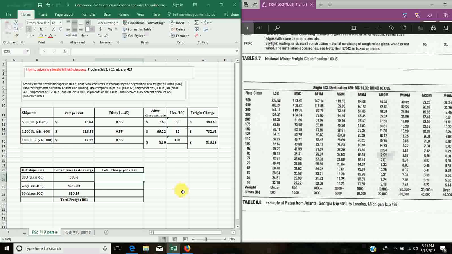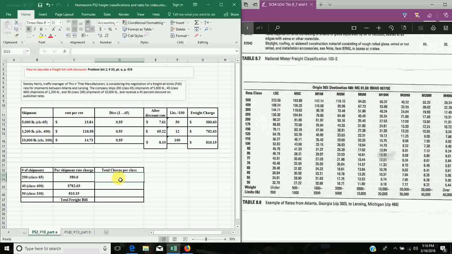But obviously that's not the total charges. We have to extend this out by the number of shipments, because we have 200 shipments of Class 65 for this particular freight negotiation of 5,000 pounds each shipment. And that cost for one shipment of 5,000 pounds is $380.60. So we have to extend this out.